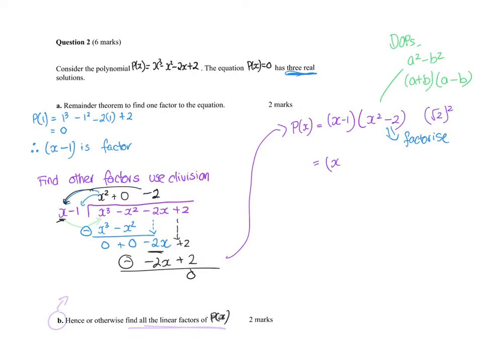Because that would be the same as getting 2. So really, my factors are x plus square root 2 and x minus square root 2. Because that equals 2. Yeah, that's a way of changing it to a squared term.